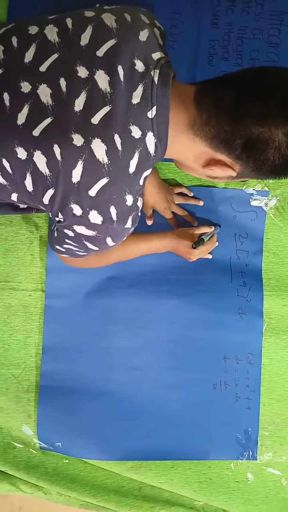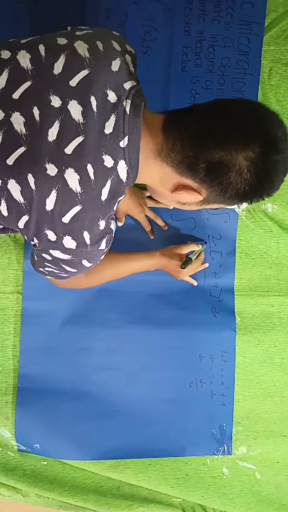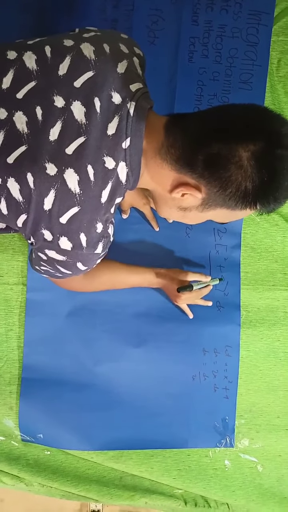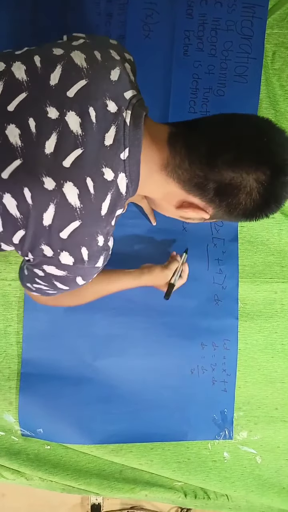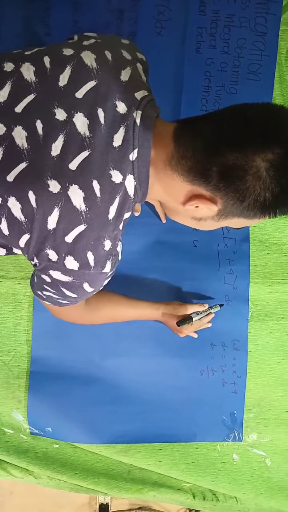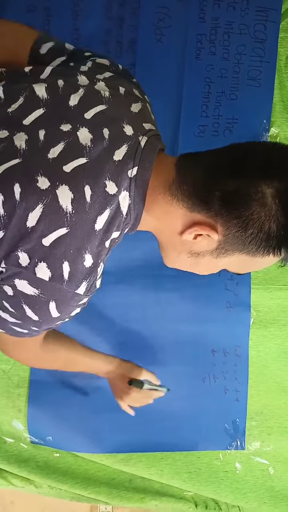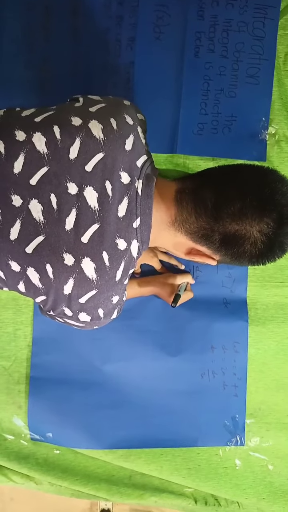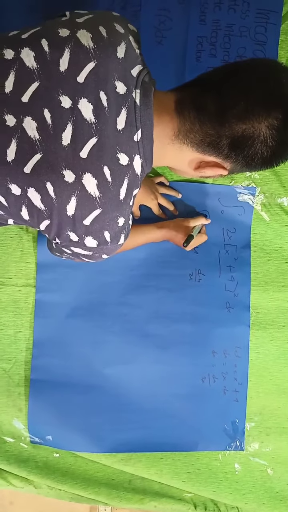Now that we have substituted u, we will solve it. So, integral of, bring down 2x, and we substitute the expression into u, and the value of dx is du over 2x, from 0 to 2.